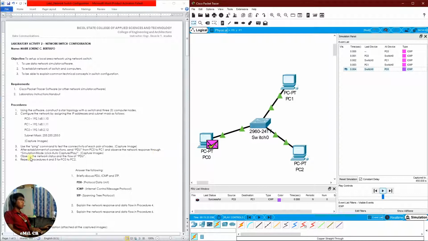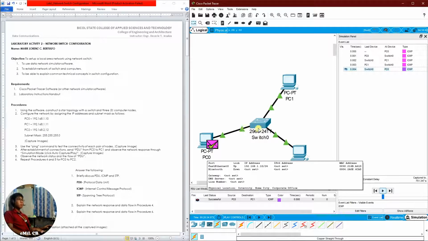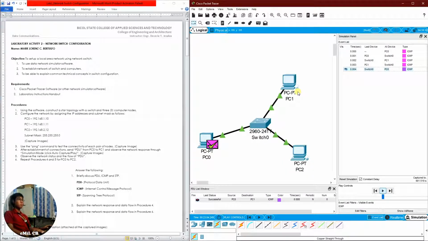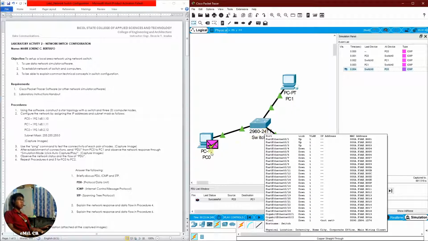Next procedure, observe the network status and the flow of the PDU. It says it is successful: it was sent from PC0 to the switch, then the switch sent it to PC1 and back to the switch and then back to PC0.